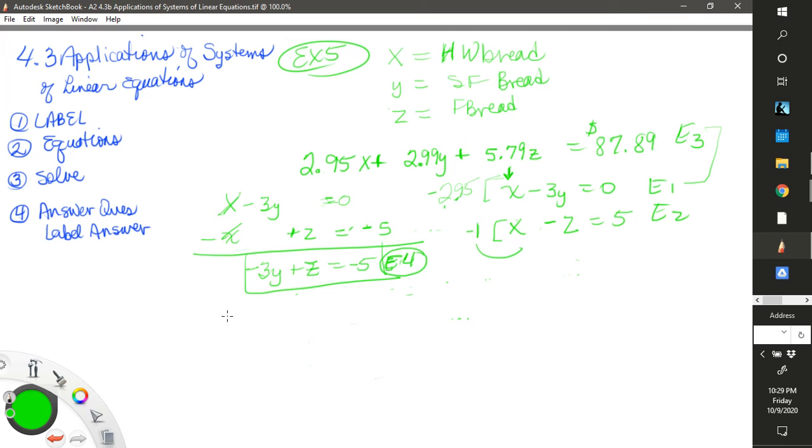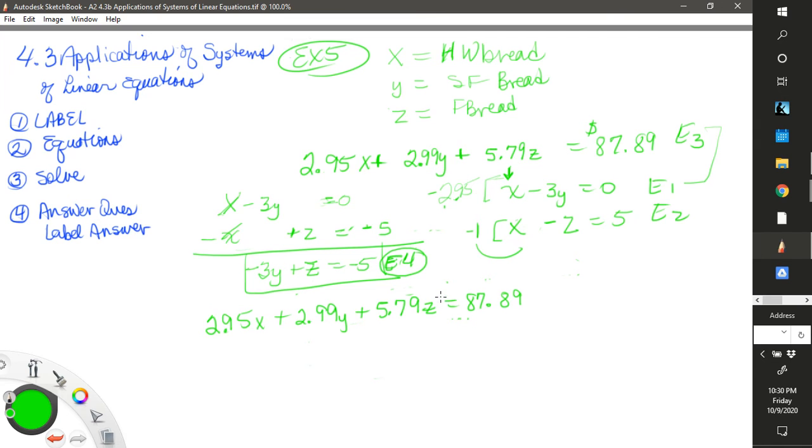Unfortunately, I worked this differently when I worked it by myself. Now I have to do all my numbers again. Okay. So we have 2.95x plus 2.99y plus 5.79z, and that equals 87.89.